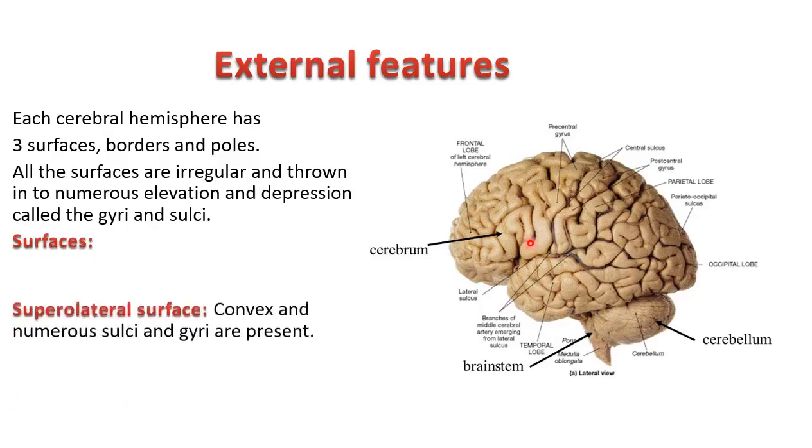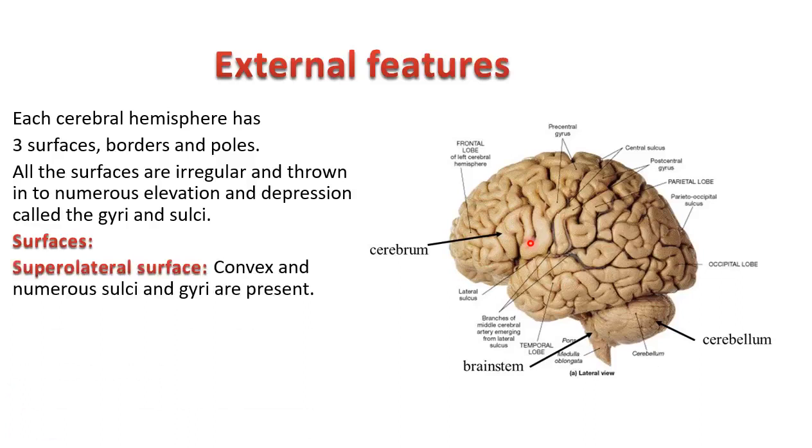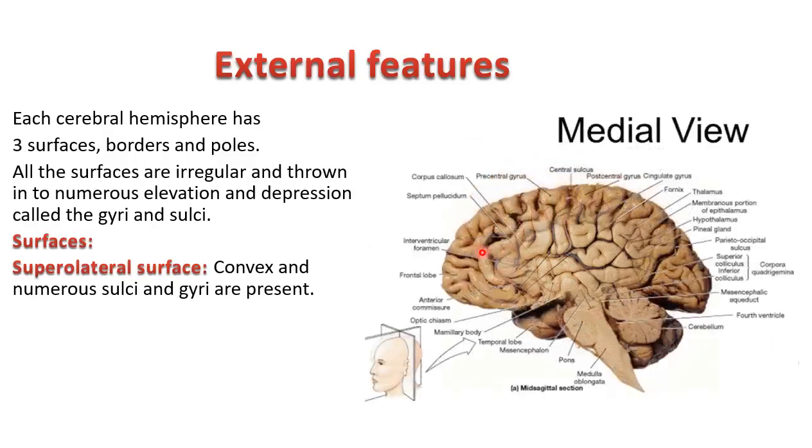Then you have the medial surface, and then the inferior surface. The superolateral surface is wide, it has a very wide area, and it is made up of numerous gyri and sulci, and it is convex, somewhat bulging outwards.